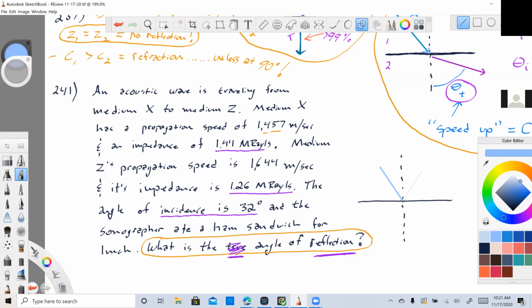It's up to you to know that theta I and theta R are always equal. Let's see, that's 241. Hope I'm right. Yes, 32 degrees, B.